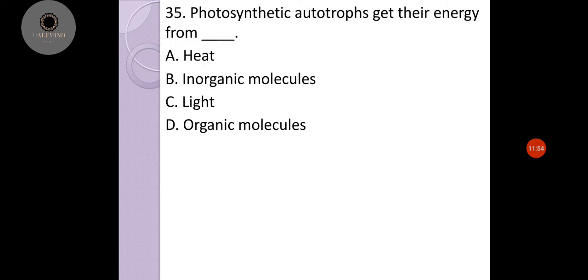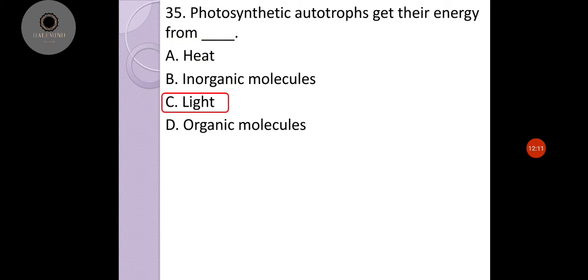Okay, number 35. Photosynthetic autotrophs get their energy from, alam nyo na to, photosynthetic meaning light synthetic. Synthesis using light energy.